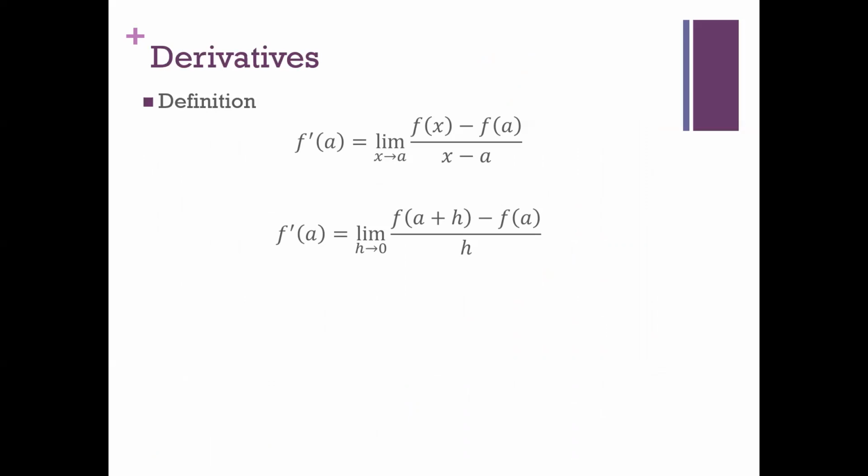I'm taking a difference in y values, dividing by the corresponding difference in x values. And this looks a lot like what we just wrote down. As x approaches a, I would love for these 2 x values to be equal. That's what the limit allows me to do. I can't get there, but I can get as close as I want to. So because of that, I can use this new idea called a limit.